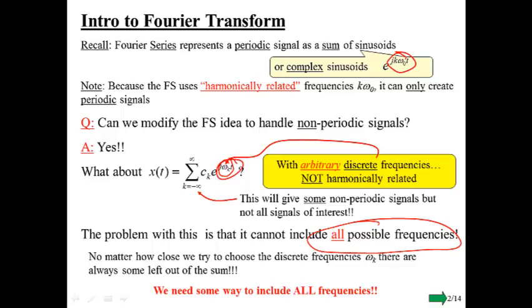This idea just will not allow us to include all, because no matter how close we choose these frequencies, omega sub k, there's always going to be something in between those two. That's just a feature of the real numbers, and that's called the continuum. So you pick two numbers on the real line, and you can always pick another one that's in between them. So we can't do it this way.